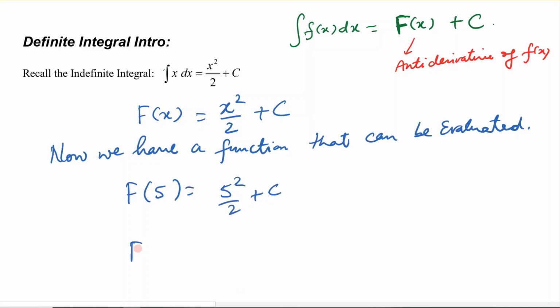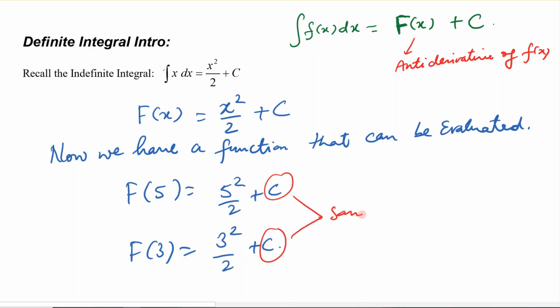Similarly, if you want to find F(3), the input is 3, so that would be the square of the input, 3 squared over 2 plus c. In this case, c is the same constant.